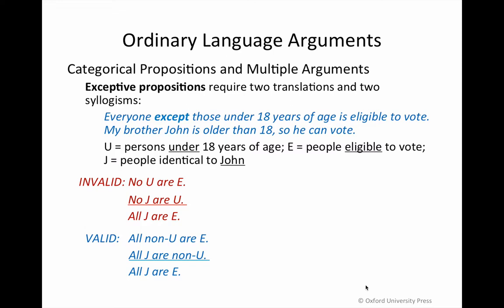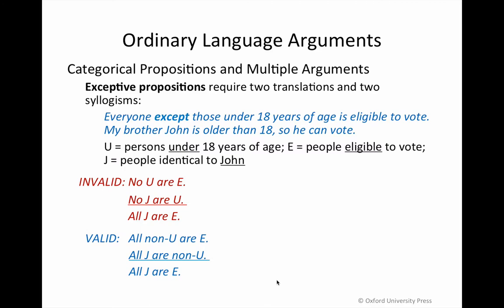Let's take a look at another example. This time, let's focus on acceptive propositions. Everyone except those under 18 years of age is eligible to vote. My brother John is older than 18, so he can vote. Recall that acceptive propositions require 2 translations, so you'll end up with 2 syllogisms.